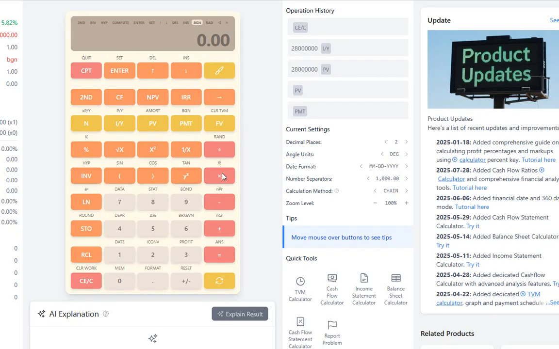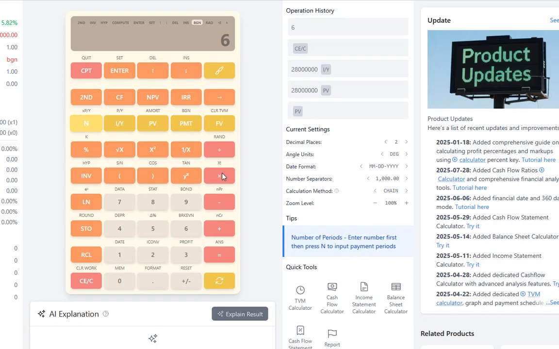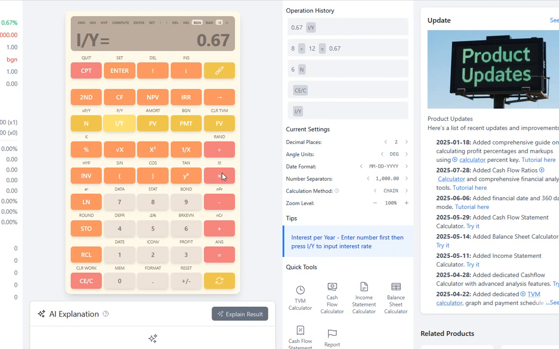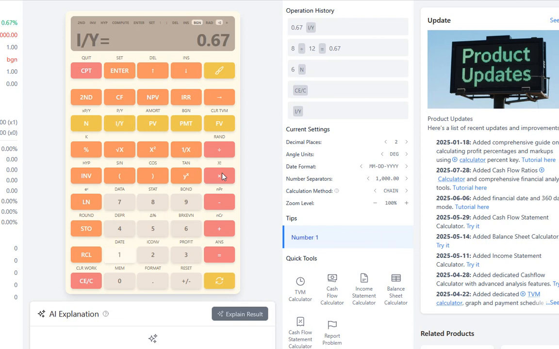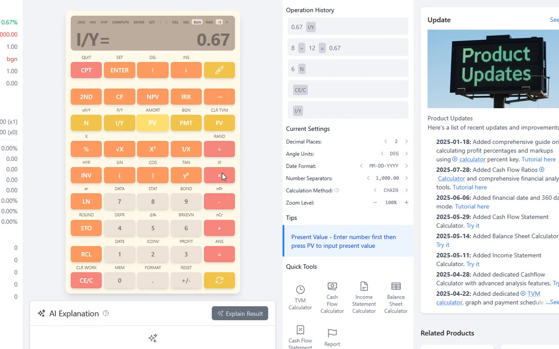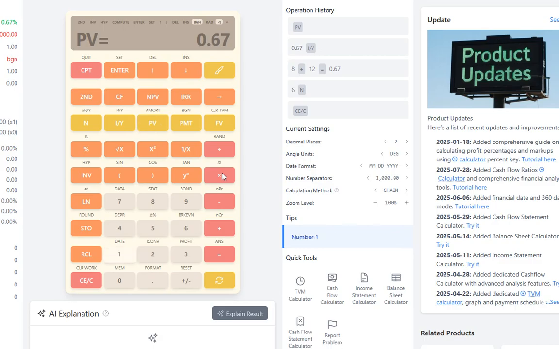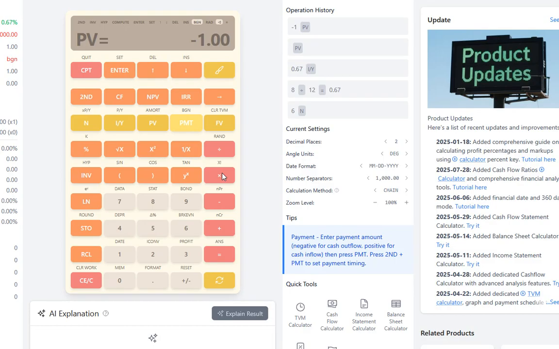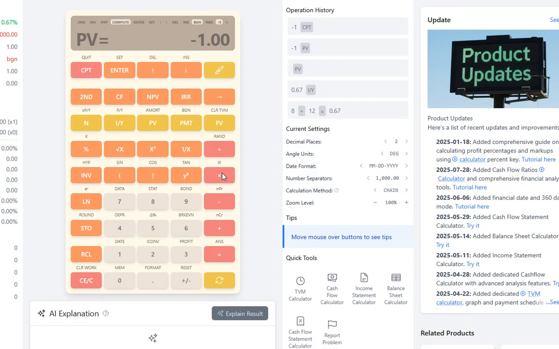We've got a 6 for N, 8 divided by 12 is our IY, negative 1 is our PV. Payment is not involved, and we are going to compute FV.